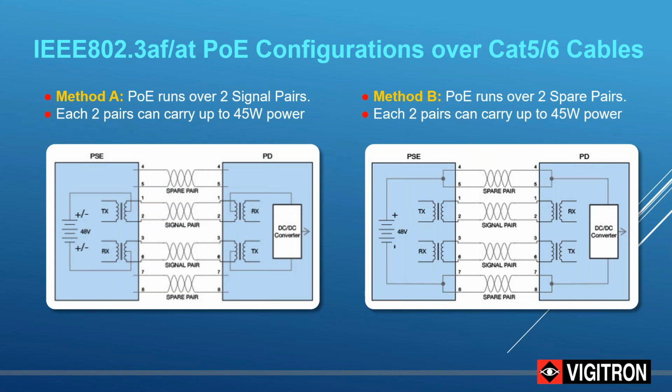In the B method, all 4 pairs are, 2 pairs are communicating power, but they're different cable runs. By the standard though, PoE equipment is supposed to be able to recognize and work with either an A pair or a B pair method.